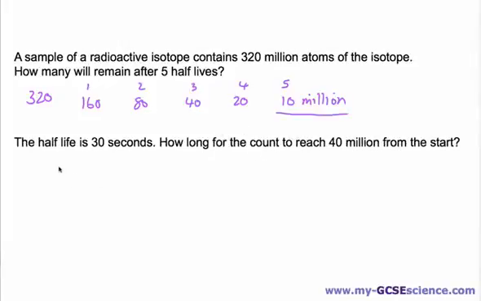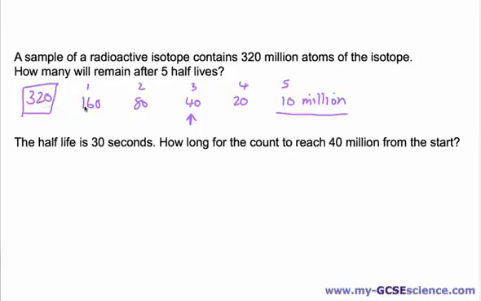The second part of the question says the half-life for this material is 30 seconds. How long for the count rate to reach 40 million from the start? So if we start off with 320 million, how long does it take to reach a count rate of 40 million? So that we want to get to this figure here, 40 million. How many half-lives have passed?